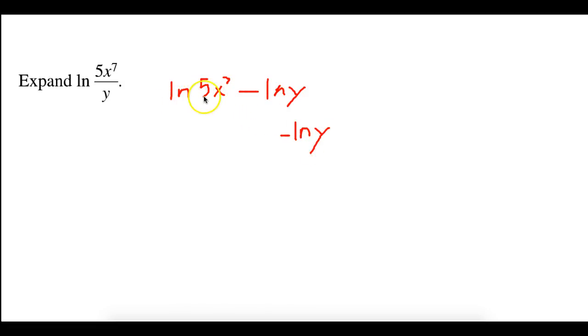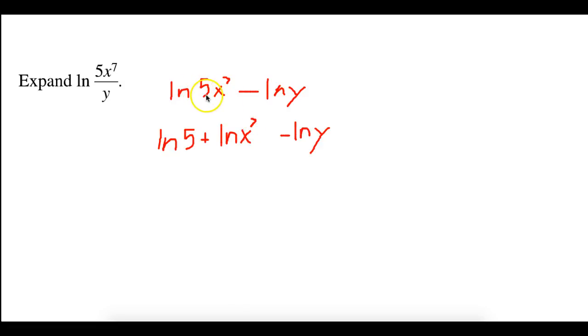But the natural log of 5x to the 7th, this is 5 times x to the 7th. So we can split that up into the natural log of 5 plus the natural log of x to the 7th. And right now we're using the product property.